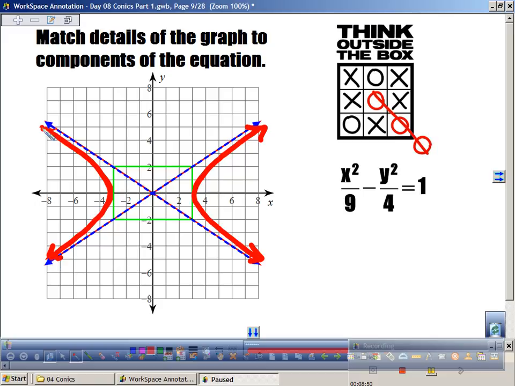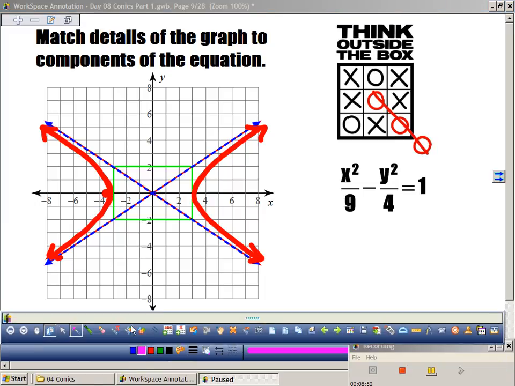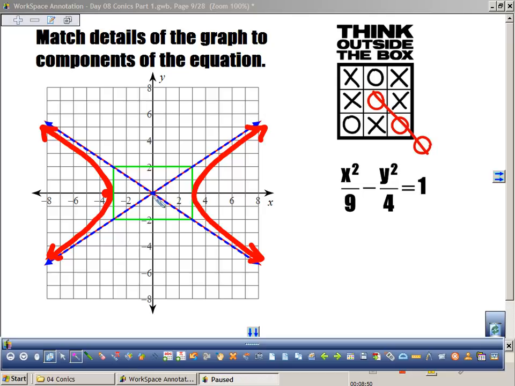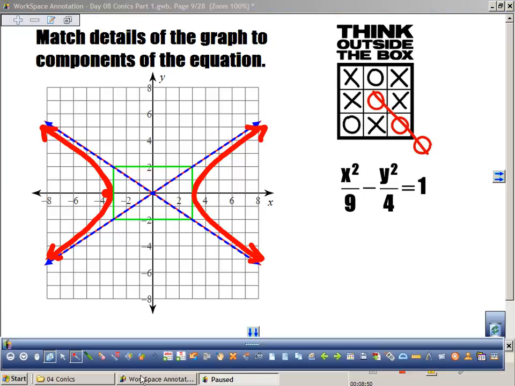The branch touches right here, which we would call our vertex, which would make sense. It's like a parabola, right? And it's this distance. So where do you think its focus is? This would be it. We're going to talk about it in a second. This would be the directrix.